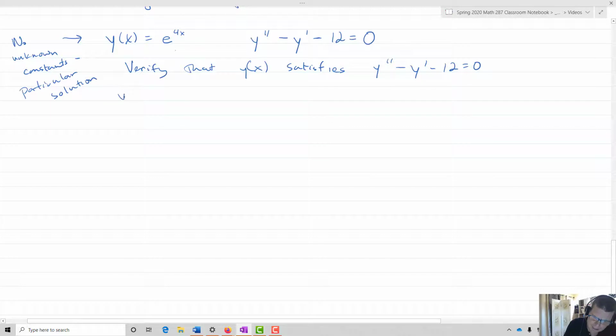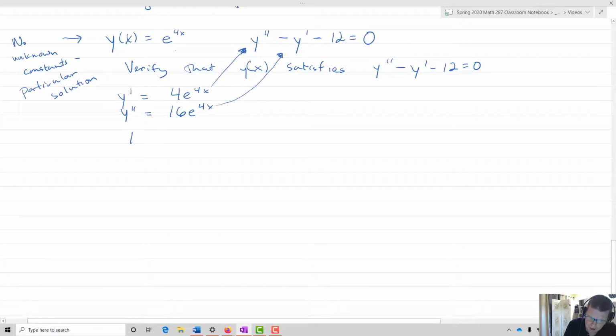The first thing I'm going to do is take the first derivative, and that's going to be 4e to the 4x. Then I'm going to take the second derivative, y double prime, and that's going to equal 16e to the 4x. Now I'm going to plug that back into my differential equation. It was pretty simple to see it in the first case. Now this is a little bit trickier; we've got to actually plug it back in.